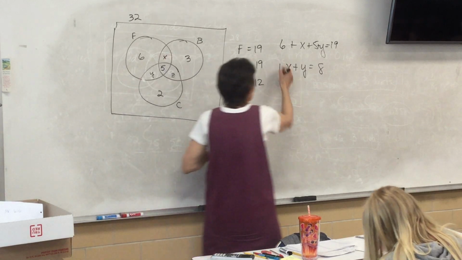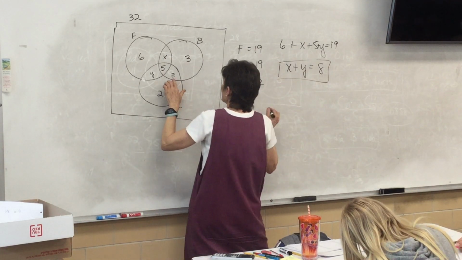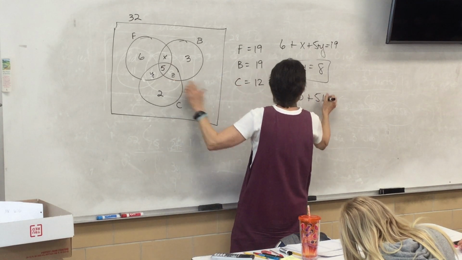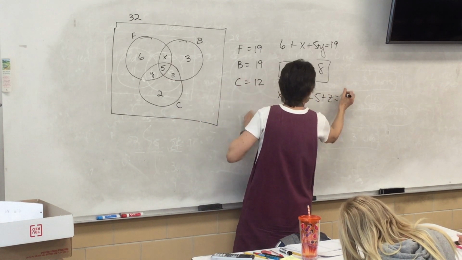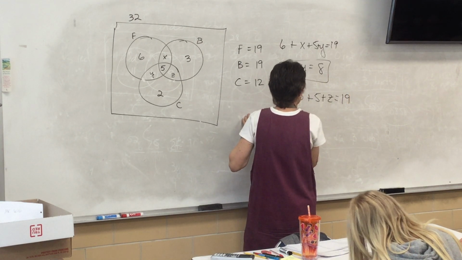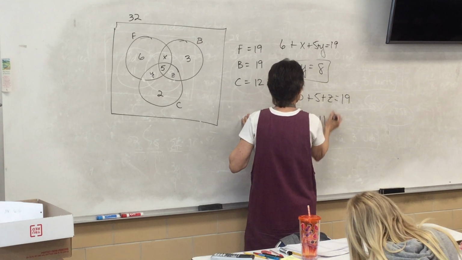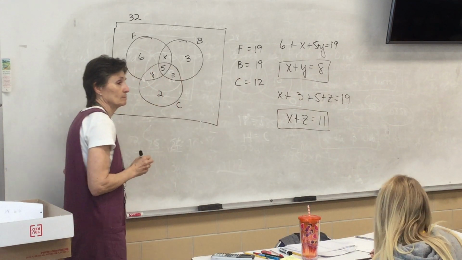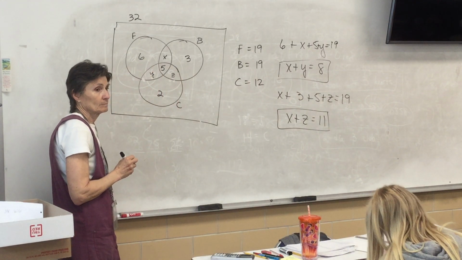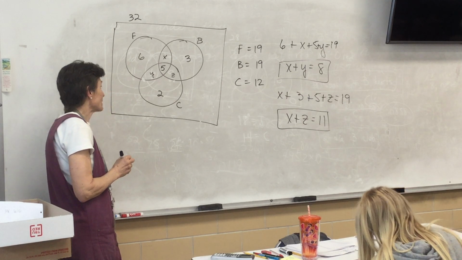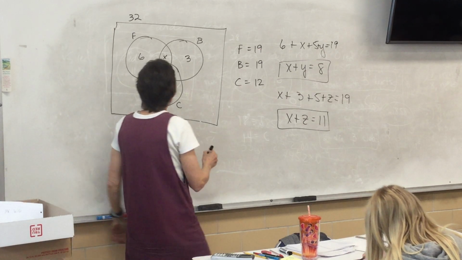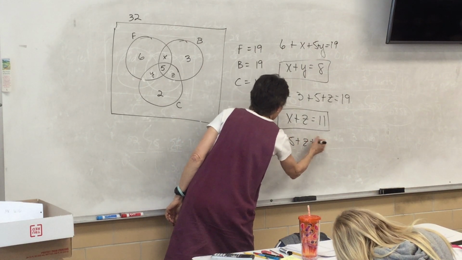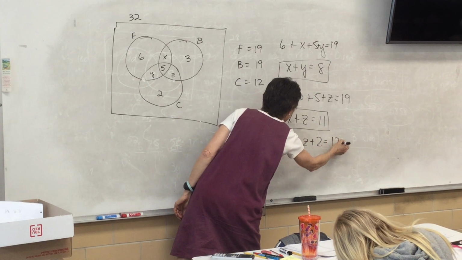All right, so I'm gonna hang on to this equation right here. Okay, so the Buicks say X plus 3 plus 5 plus Z is also 19. So X plus Z is 11. And then might as well do the same thing for the Chevys. So Y plus 5 plus Z plus 2 is 12.